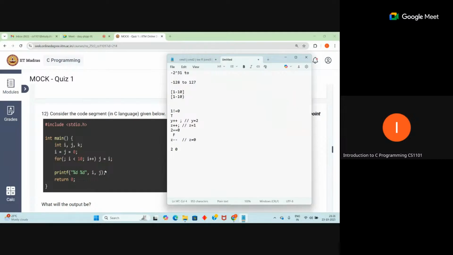Then consider the code segment in C language given below. The i, j values are initialized to 0. The first statement is a loop statement. How will it execute? Let me explain.